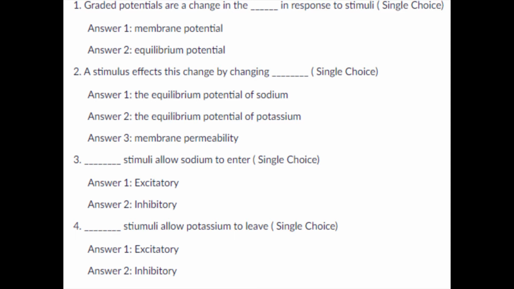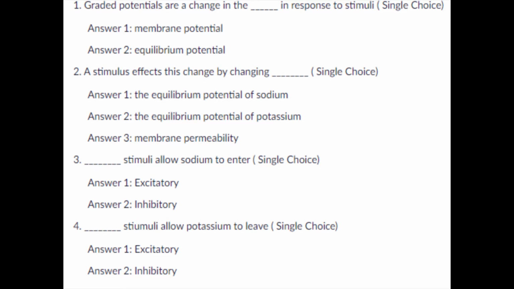So if we have a stimulus that opens more sodium channels, we know that sodium wants to flow into the cell. It wants to make that cell positive. So when we open more sodium channels, that cell becomes more positive, which we call an excitatory stimulus. That direction we're calling excitatory.